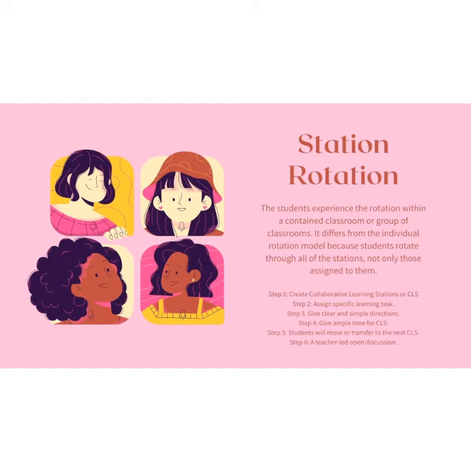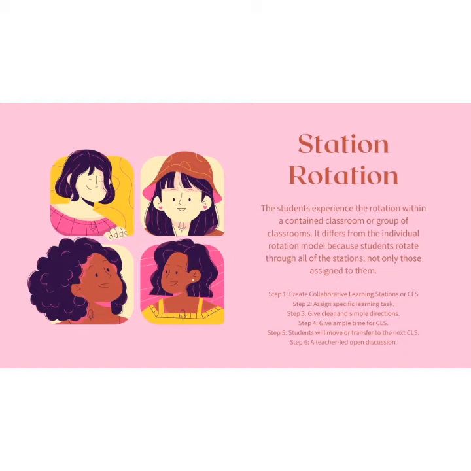Step 2. Assign specific learning tasks for each collaborative learning station. One condition for the station rotation model is that at least one or two learning tasks must be web-driven or make use of instructional web resources.